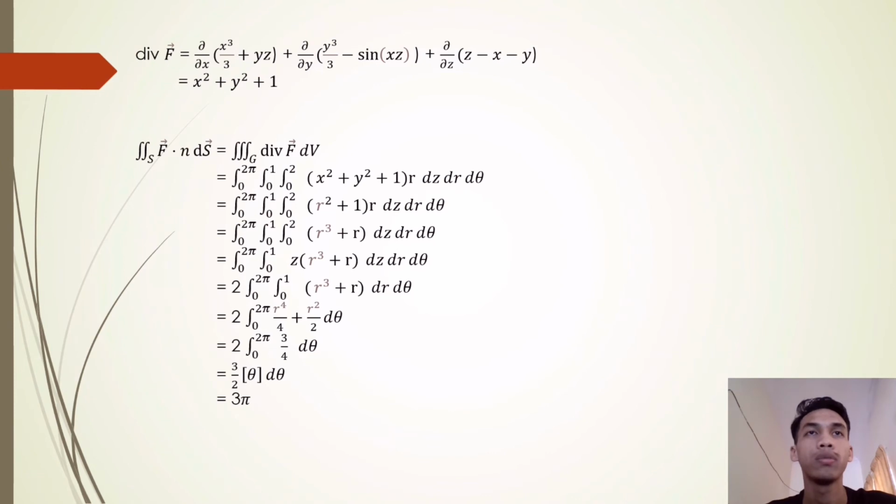So the equation will be the integral from 0 to 2 pi, 0 to 1, 0 to 2, of x squared plus y squared plus 1 times r dz dr d theta. So we integrate one by one from dz, dr, d theta until we get the answer. After we calculate the equation, we get the answer equal to 3 pi.